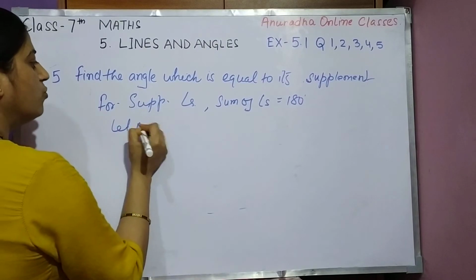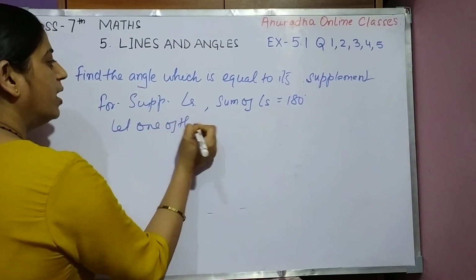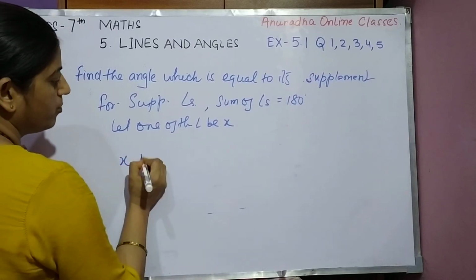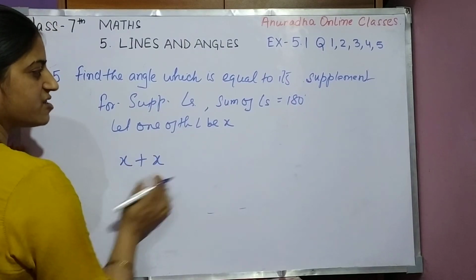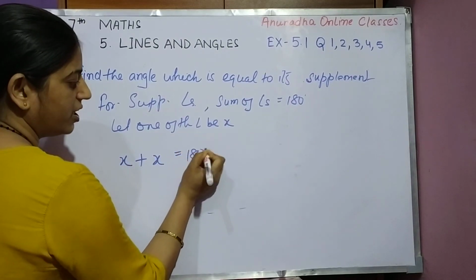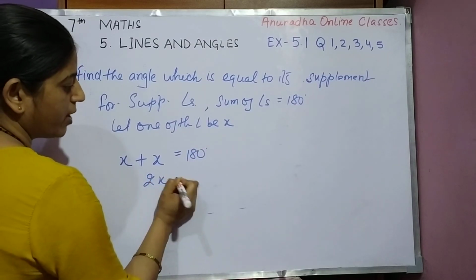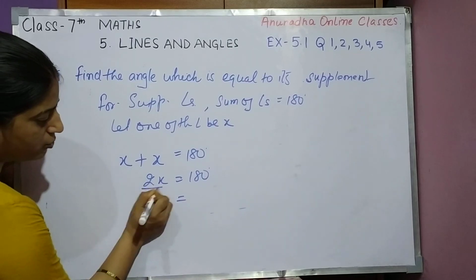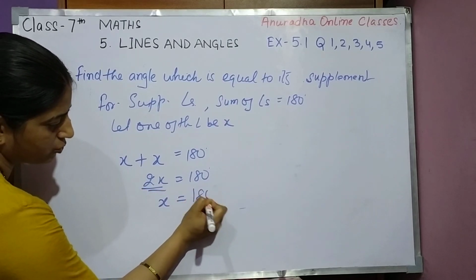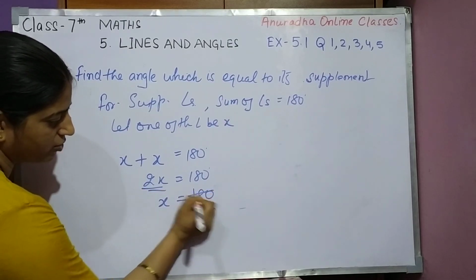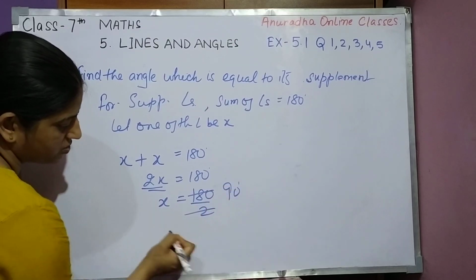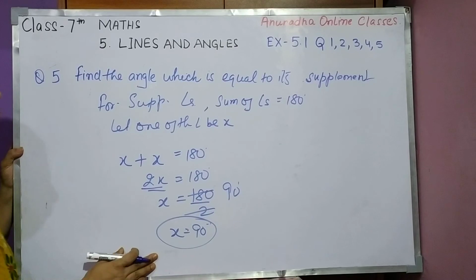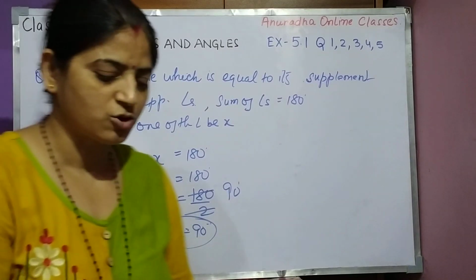Let one of the angles be x. Both are equal, so x plus x is equal to 180 degree. 2x equals 180 degree. Now here 2 is multiplying, so when it goes to the other side it will divide. 2 9s are 18, so x is equal to 90 degree. Right, children? So I think it is clear to you.